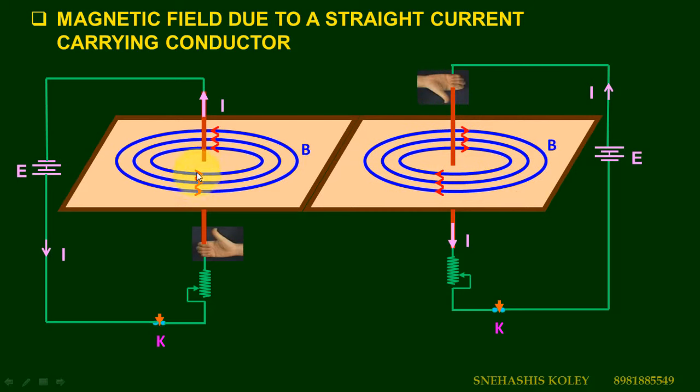When a current is flowing outward from a point, the magnetic field lines will be concentric circles around the wire, in the anti-clockwise direction. But when the current is flowing into the plane of the paper, the magnetic field lines will also be concentric circles around the conducting wire, in a clockwise direction.